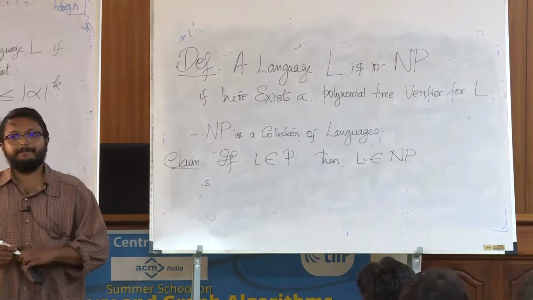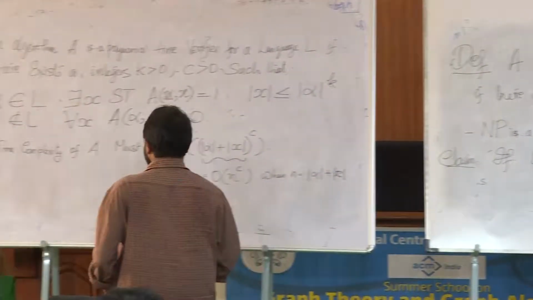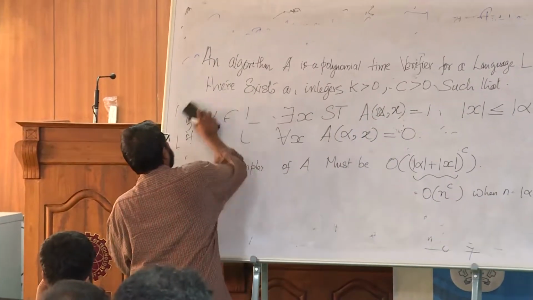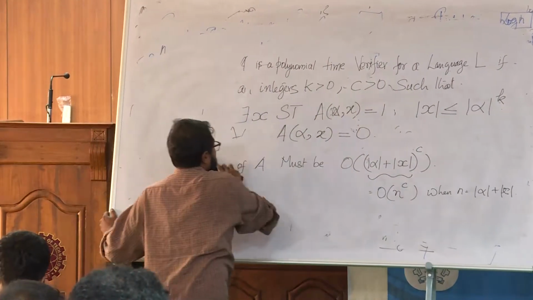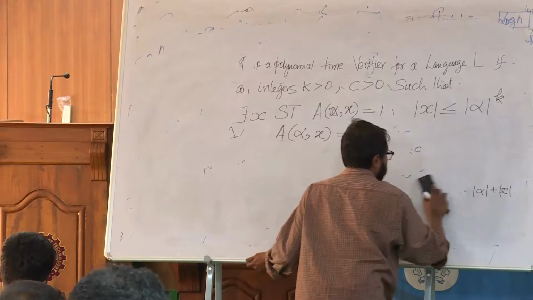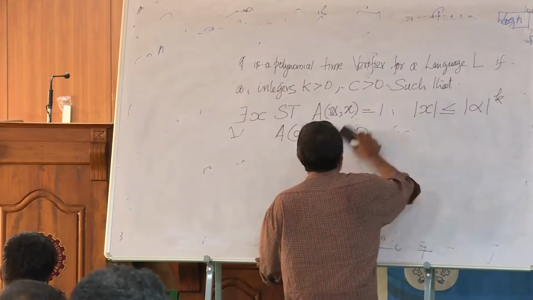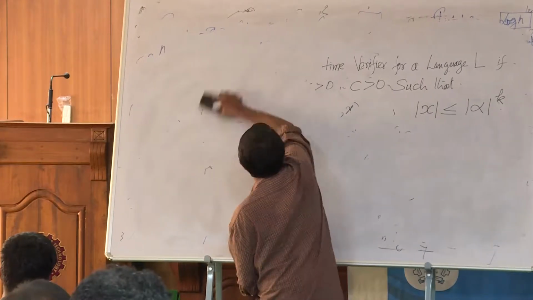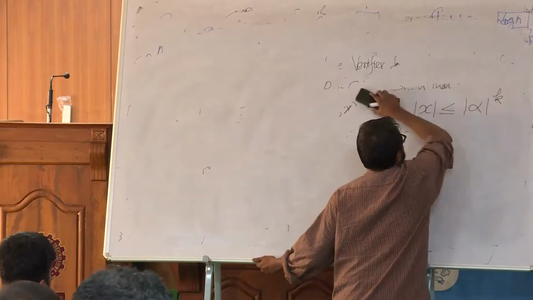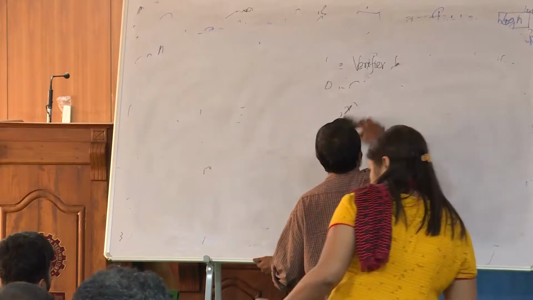How will you prove this? So what is given? What is to be proved? Just a minute. If any algorithm is polynomial time, it has no bearing with, see, where does L come into the picture?